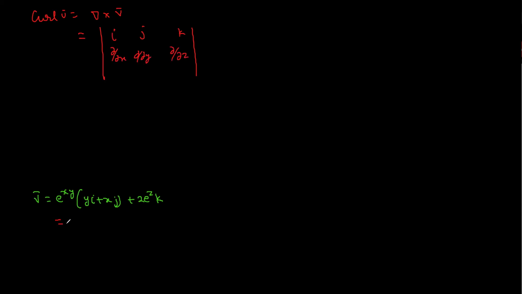And when you open the bracket, you will get e^(xy) yi, e^(xy) xj plus 2e^z k, right? So tell me what is the component of i, e^(xy) y, component of z, e^(xy) x, and this is 2e^z, right?